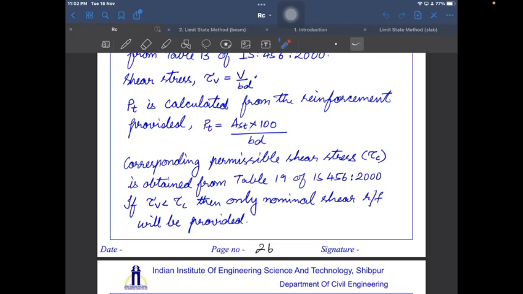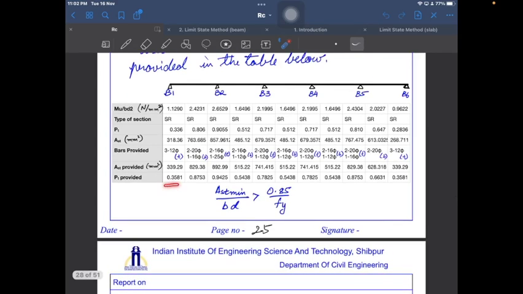So we get tau C based on the PT provided.